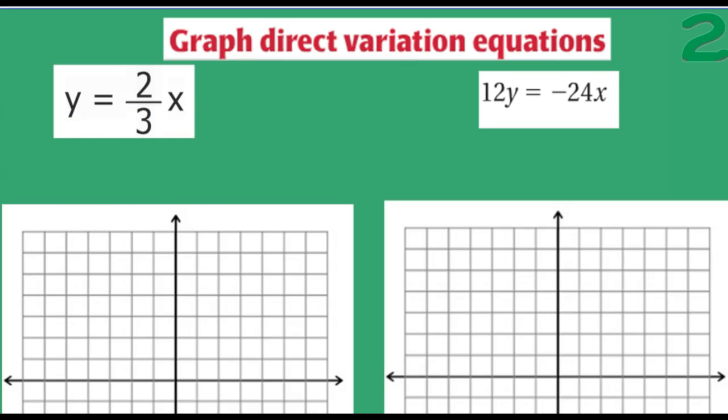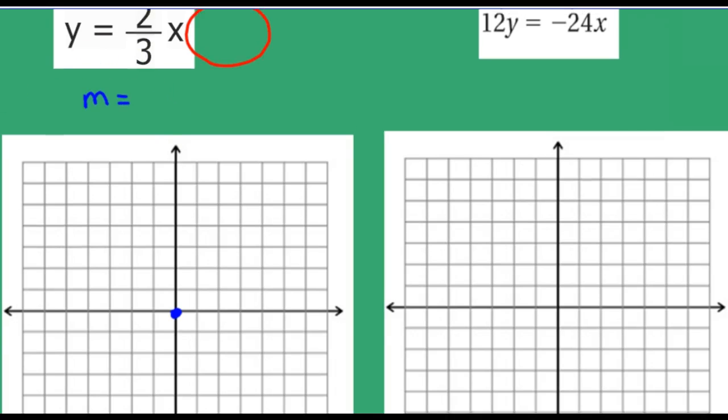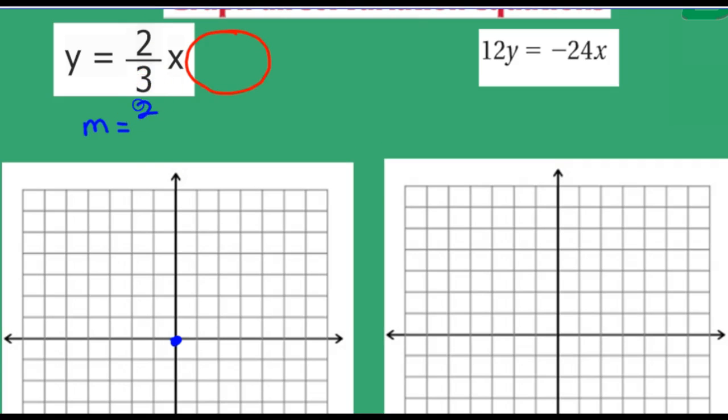Here, if we graph these, we know that we don't have a y-intercept, so we know that this is direct variation. If we have direct variation, we know that it goes through 0. So then we can just use our m to figure out our graph. Our m here is 2/3. So we're going to have a rise of 2, a run of 3.